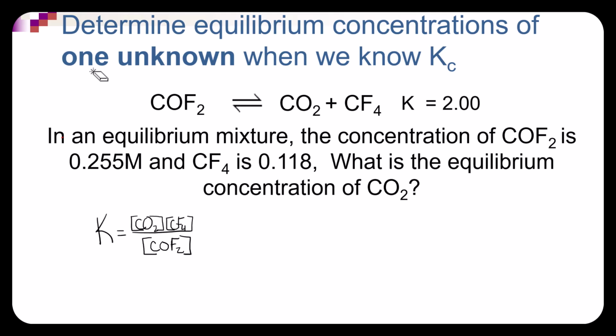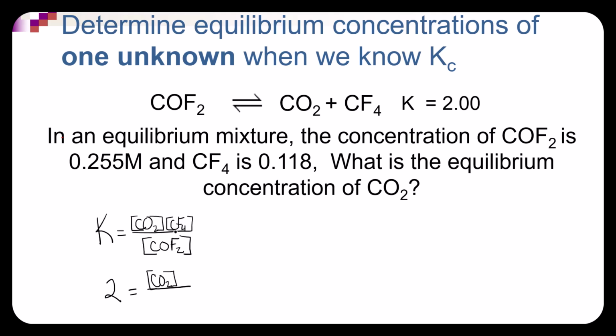If I don't give them to you, you can assume that everything will be included in the equation. Now I'm going to plug in what I know and solve for what I don't know. I know the value for K. It gave me the equilibrium constant is 2. Coming over here, products over reactants. It doesn't give me the value for carbon dioxide. That's actually what we are solving for.